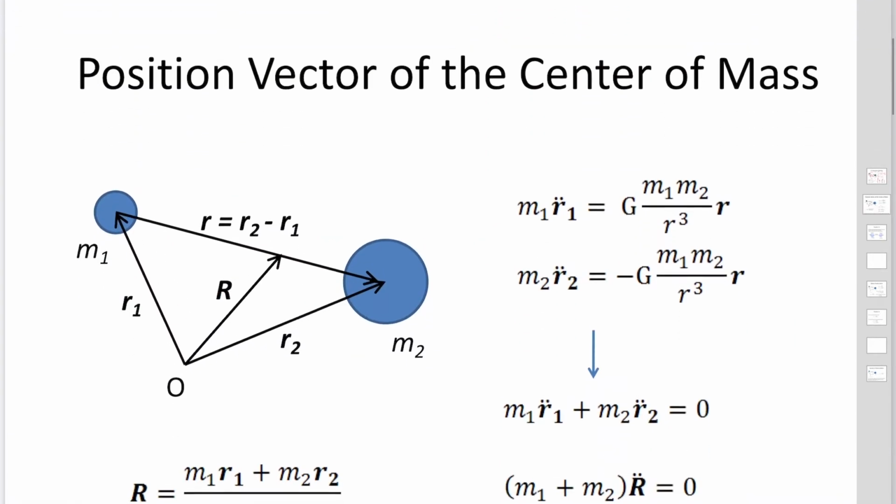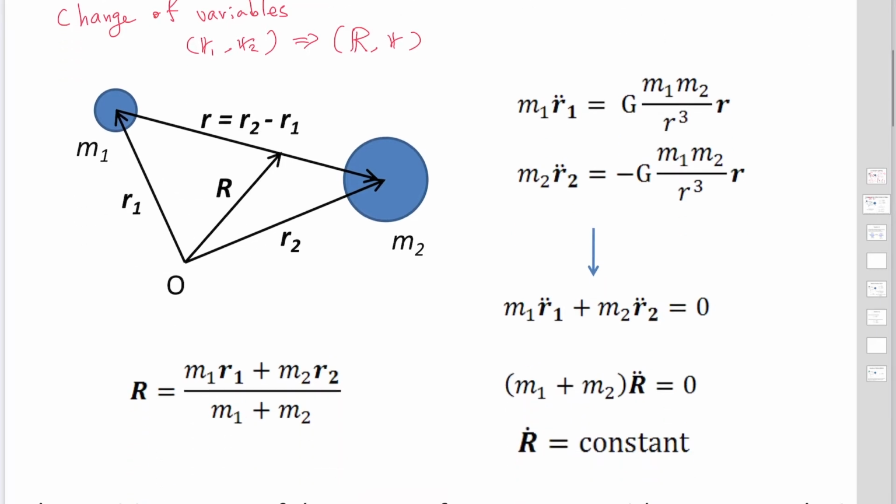Now we'd like to change the variables. We have r sub 1 and r sub 2 as variables, and we change them to capital R and the relative vector r. The vector capital R is expressed as this one, and the lowercase r is expressed as this one.